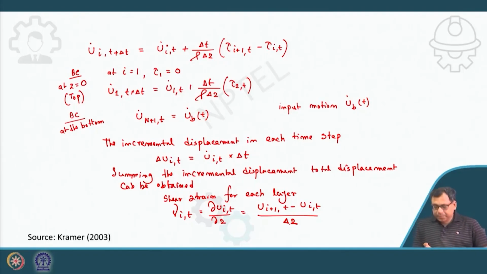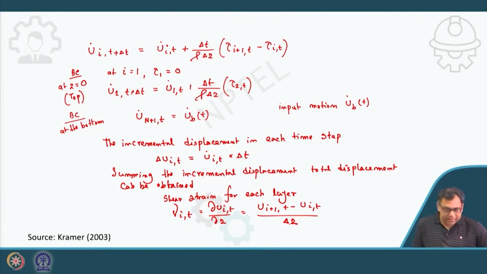Because from this incremental displacement I will get the total displacement u for any time step, and when I know u for different levels at each time step, then I can calculate the shear strain at that level for each time step. When we know the shear strain, then from there I will get the shear stress also.